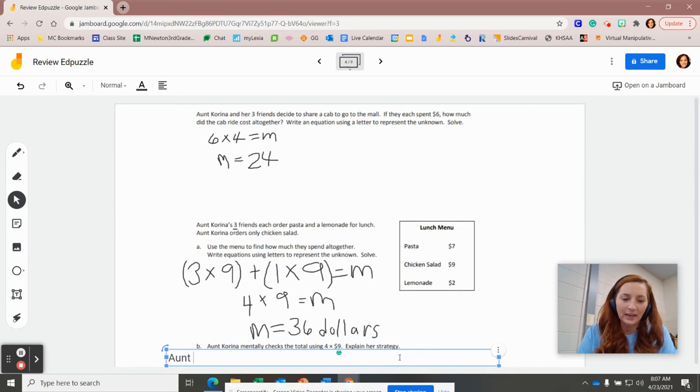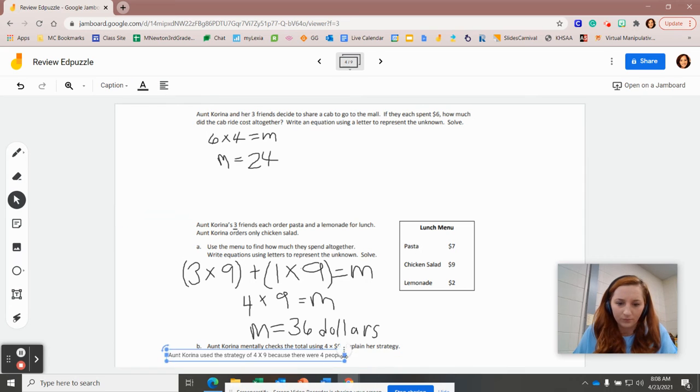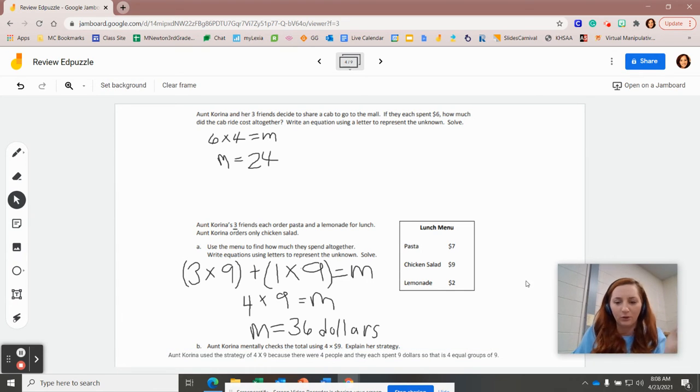I would say Aunt Karina used the strategy of 4 times 9 because there were 4 people, and they each spent $9. So that is 4 equal groups of 9. There you go. That's all multiplication is, 4 equal groups of 9.